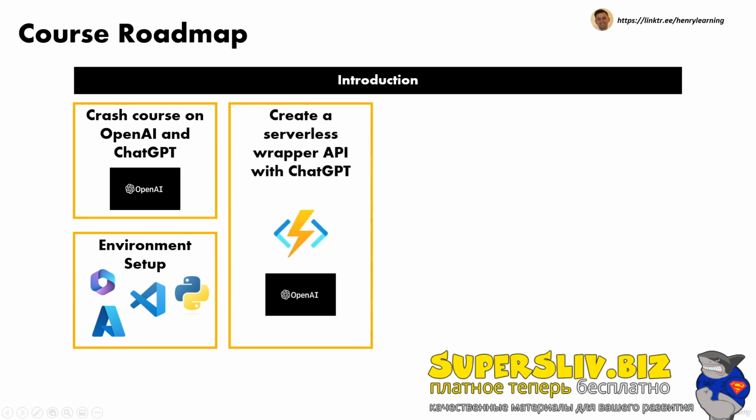And that's what we'll do next, actually. We will create a serverless wrapper API with ChatGPT. Basically, all that means is we know that OpenAI has an API that enables you to access the models underlying ChatGPT. What we'll do is we'll create a wrapper function in Azure Functions that will go over that OpenAI API so we can actually communicate with it one-on-one.